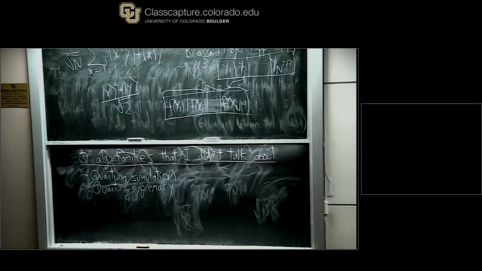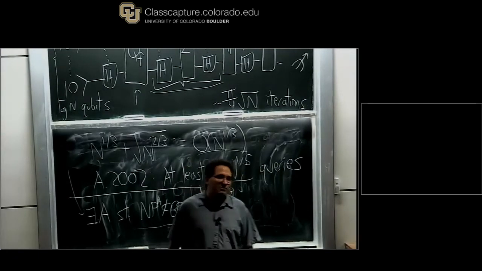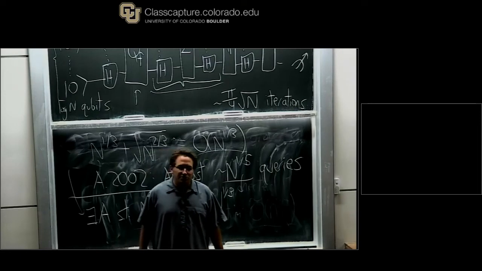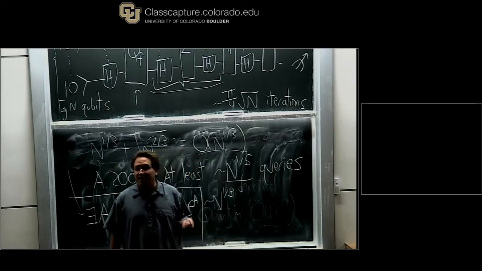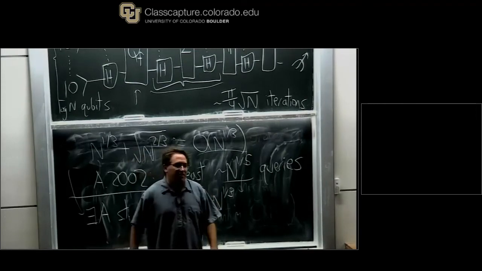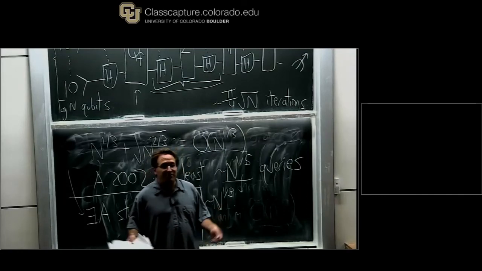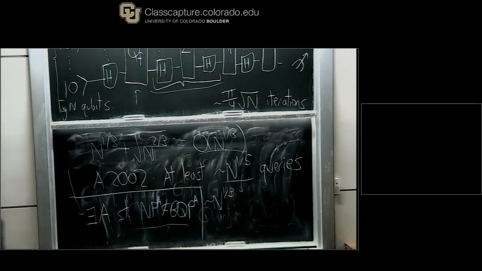But actually, it has emerged very recently that even these quantum supremacy experiments could have some applications. In particular, one could use them, for example, to generate cryptographically secure random bits, which could then be used for cryptocurrencies and for other applications. That's some forthcoming work, but that's a whole other story that I won't have time to go into.